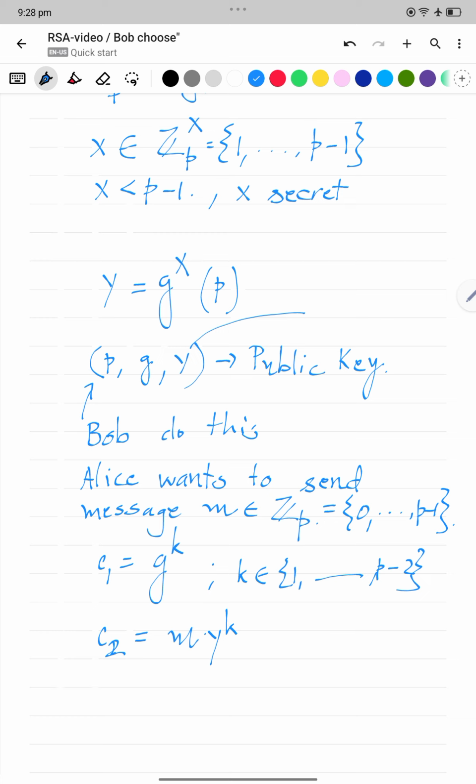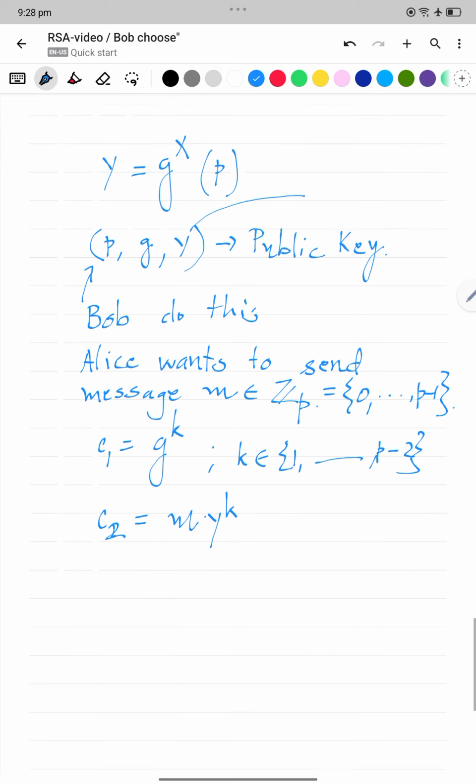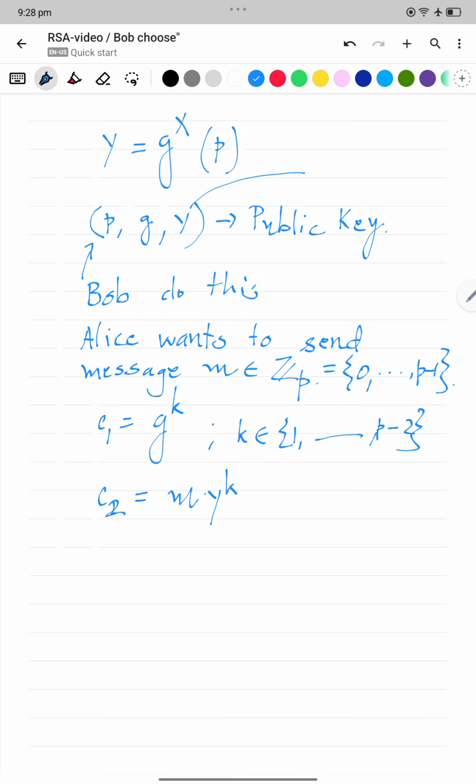Nobody knows K and nobody knows X because the discrete log problem is difficult. We are doing all this based on the difficulty of the discrete log problem. If it was easy to solve, then everything is broken, which you might anyway know.